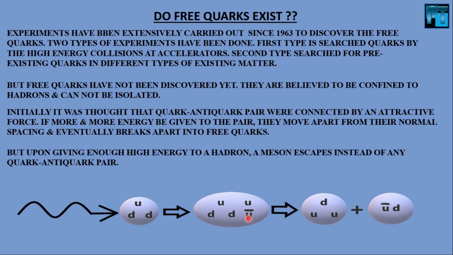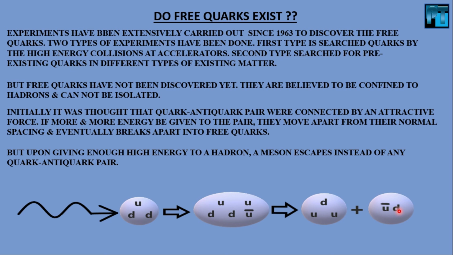But then these 5 things rearrange themselves. We all know that meson is composed of 1 quark, 1 antiquark, then this U bar D and UUD. So 1 baryon plus 1 meson, no quark antiquark pair.